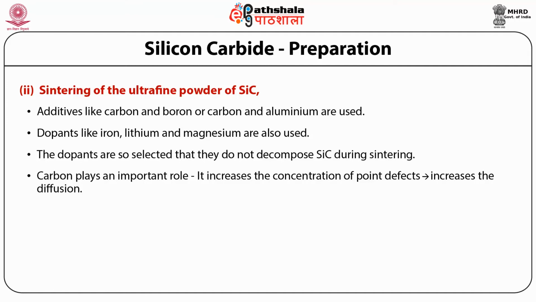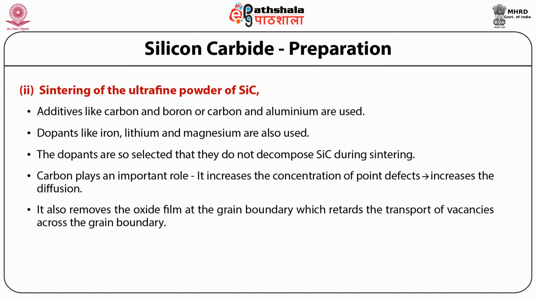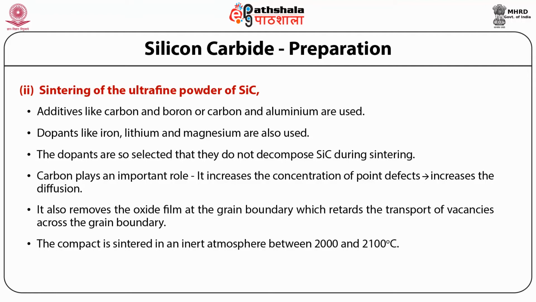It increases the concentration of point defects, which increases the diffusion. It also removes the oxide film at the grain boundary, which retards the transport of vacancies across the grain boundary. The compact is sintered in an inert atmosphere between 2000 to 2100 degrees Celsius, and a complex set of reactions takes place during sintering.